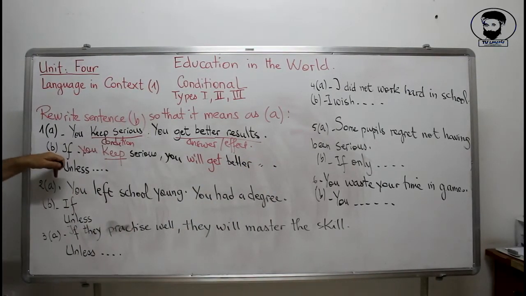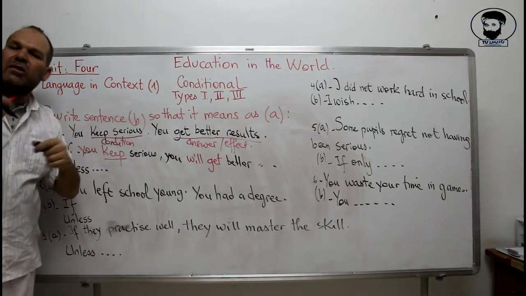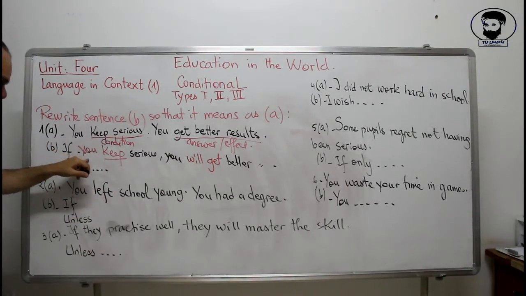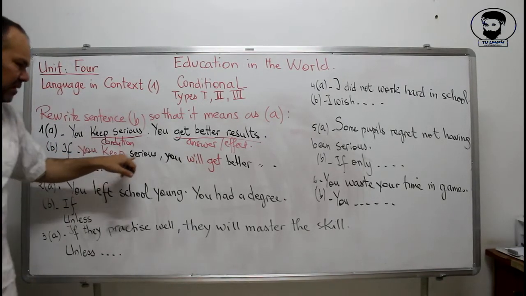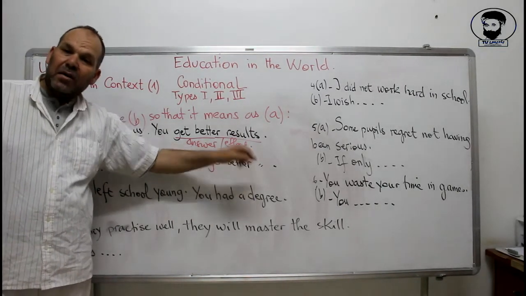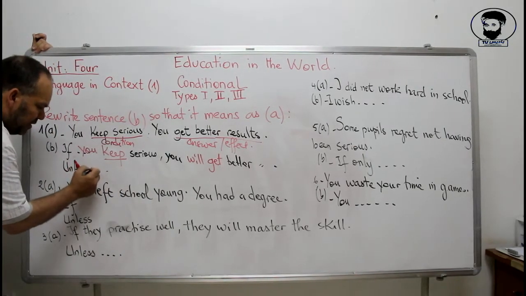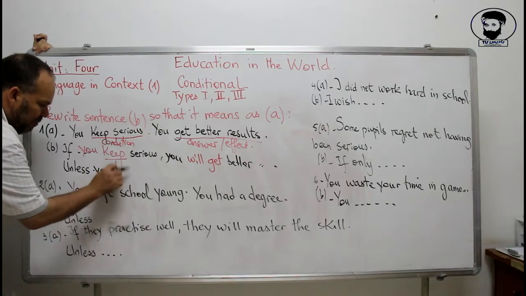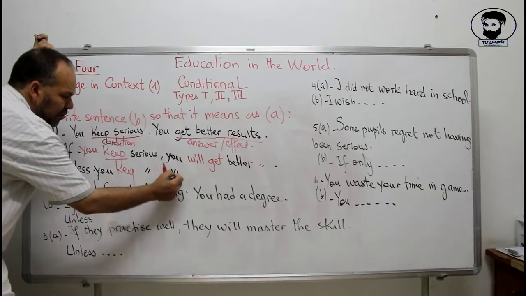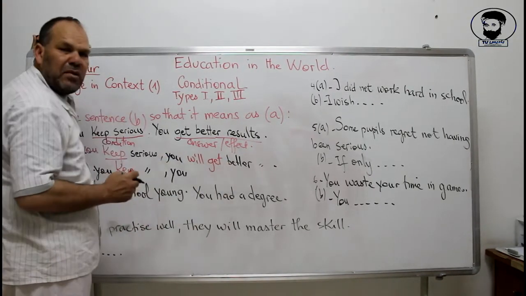Now, here using if, when if is introduced to the sentence, it changes the form of the tenses and the verbs, and we get if you keep serious, with the verb in the simple present, what happens? You will get better results. Now, with unless: unless you keep serious, comma, you, remember with unless we said that always the second form is used with the negative.